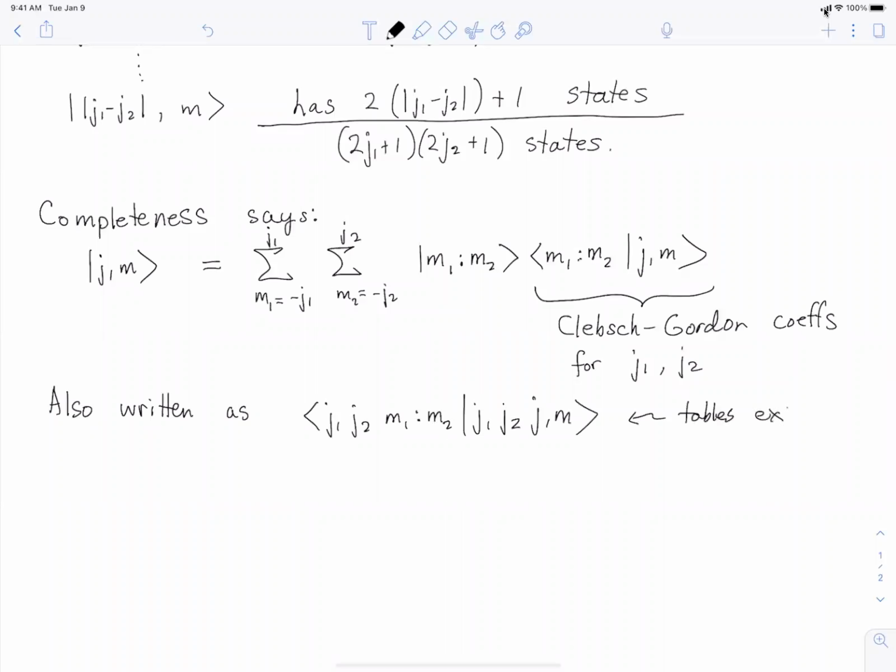You can just look them up. There's also software that will compute them for you, but you have to be a little bit careful because there can be different conventions. So almost everyone chooses these things to be real, but then some of them can be negative, and which ones you choose to be negative can be dependent on your conventions.